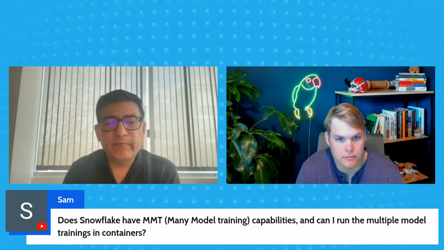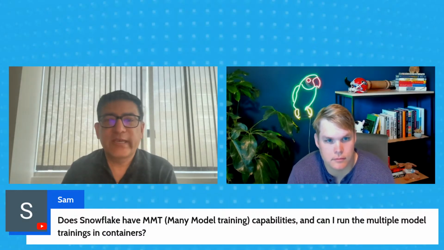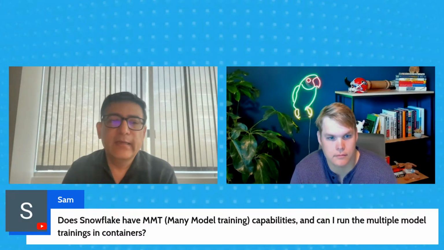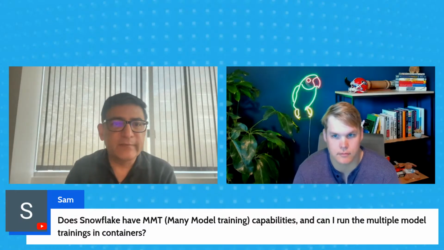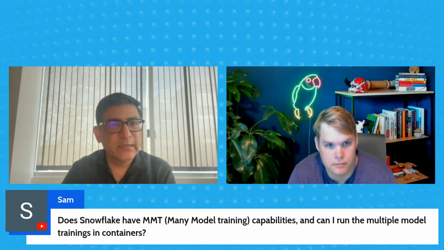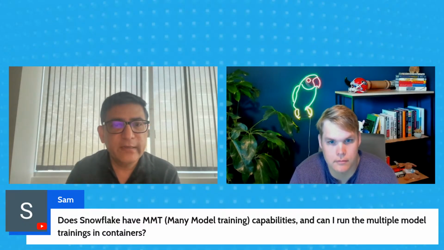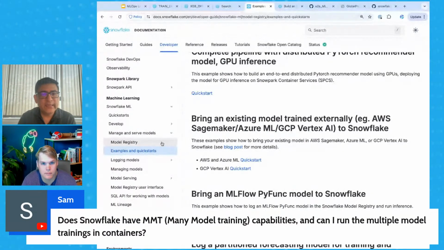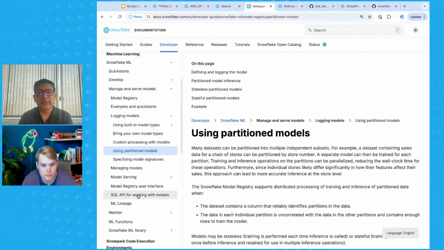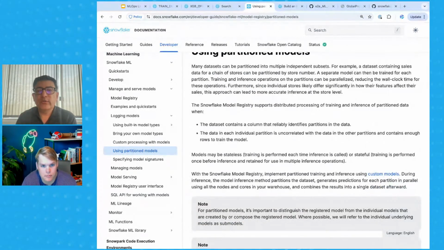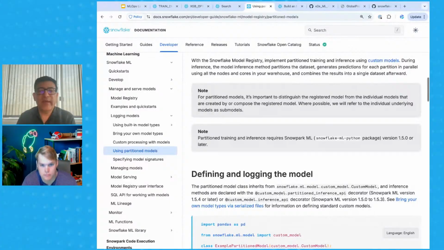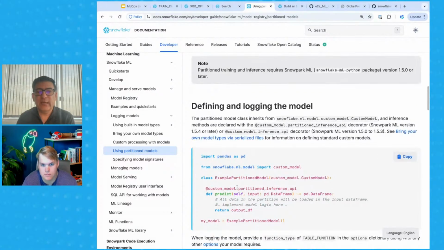Yes. So this is a core use case that works really well in Snowflake. First of all, the model registry supports what we call partition models that are really optimized for running many models. Actually, if I can go back to screen share for a second. In the model registry documentation, in the model logging section, using partition models, we walk you through how to store these many models or partition models using this custom partition model type of API.